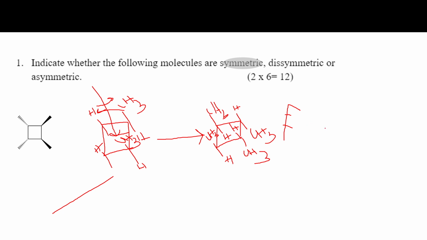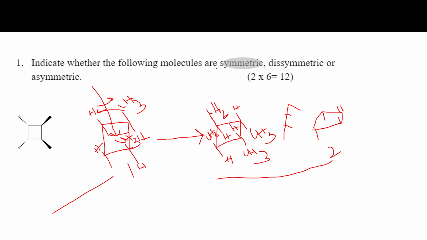So the mirror image will be like this: the 2 methyls are down and the above 2 methyls are up, like this, which is exactly the same molecule, where 2 methyls are down here and 2 methyls are up, exactly the same as the first one.